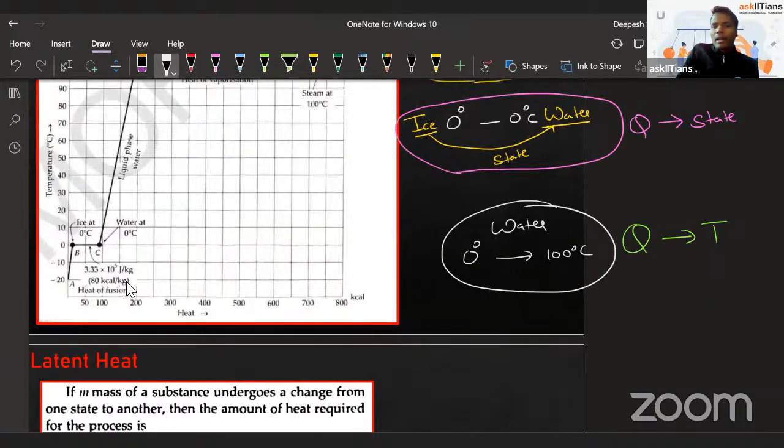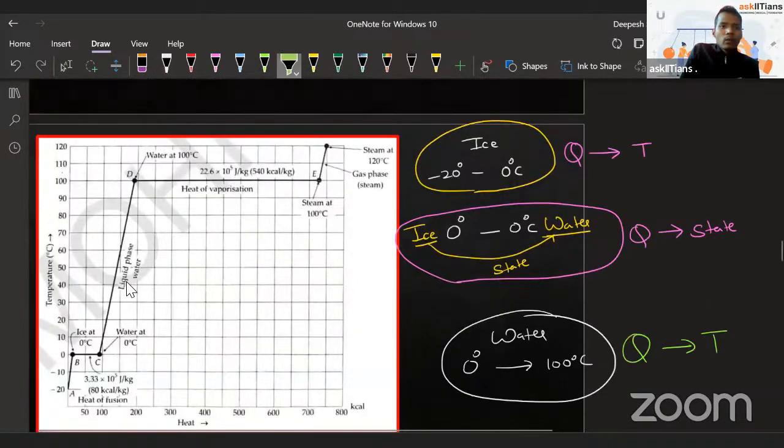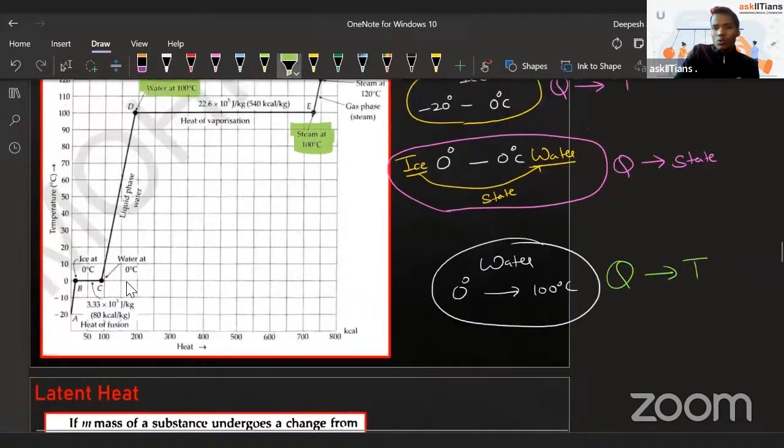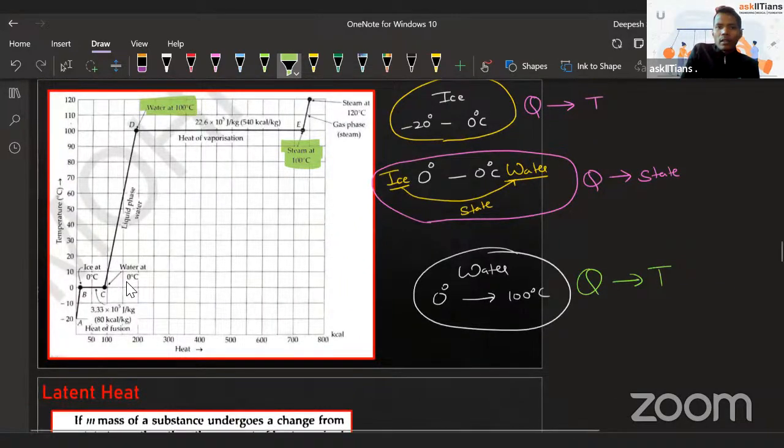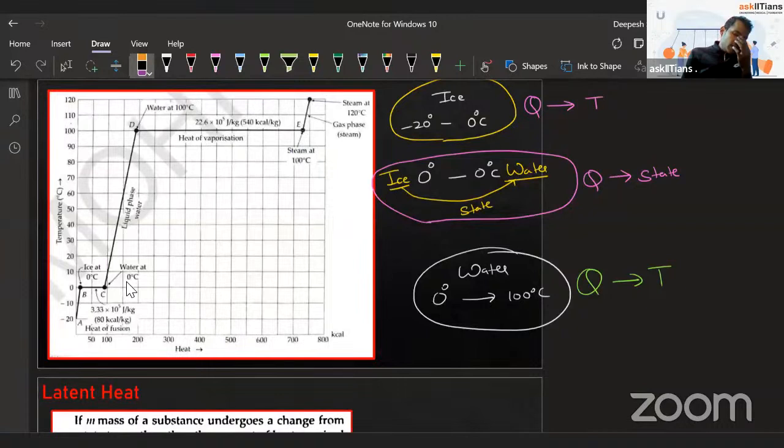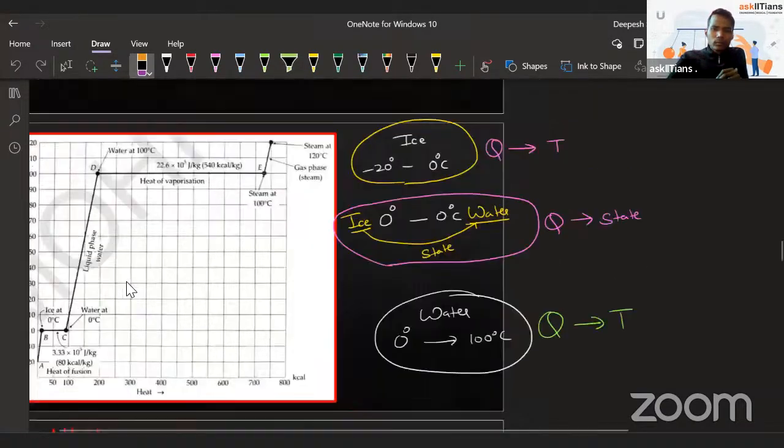But in the last stage, as you can see, we are converting water into steam. So during this process, again, you are giving heat, but that goes in changing the state of the matter. This is known as latent heat of vaporization. Vaporization is used for converting liquid to gas, whereas fusion is used for solids and liquids.